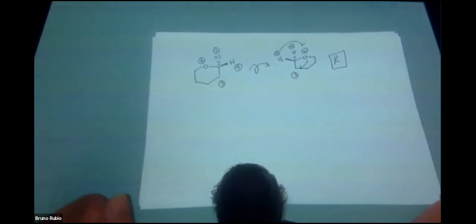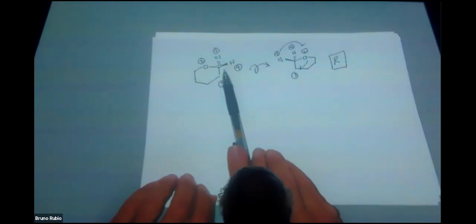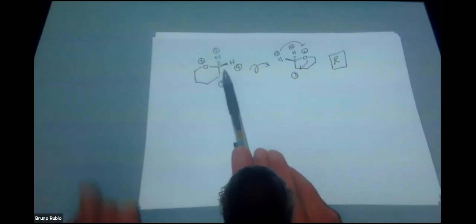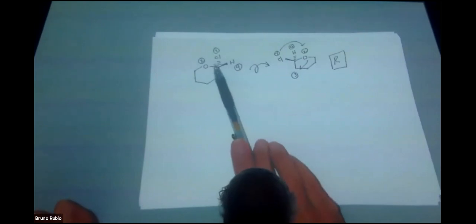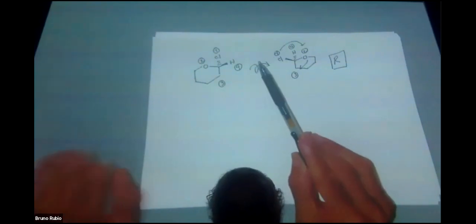Maybe if you have excellent visualization skills, you don't even need to do that. Another little trick is when the group of lowest rank is facing you, which is what it's doing here: note the sweep of the top three ranks, but recognize that you're looking at the molecule backwards. The group of lowest rank is supposed to be pointing away from you. Here it's pointing toward you. Note the sweep of the top three ranks and then reverse it for the right answer.